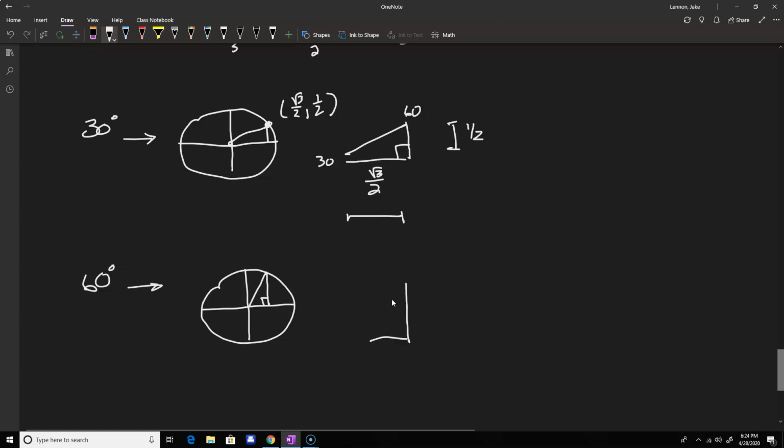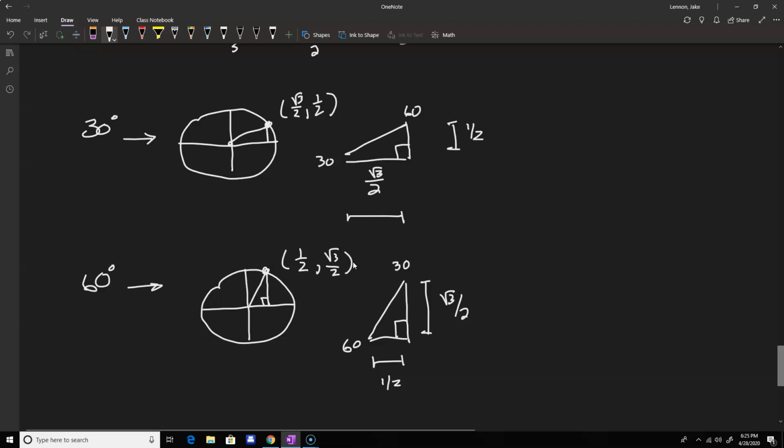So we've got a longer y-coordinate and a shorter x-coordinate. So for this one, this is now my 60 degree angle, and this is my 30 degree angle. So this side is 1/2, and this side up here is square root of 3 over 2. So that makes the coordinates of this point, this time, 1/2 for x and square root of 3 over 2 for y.